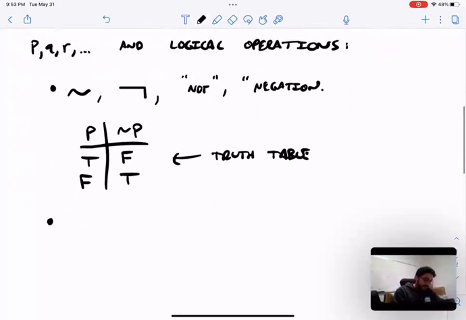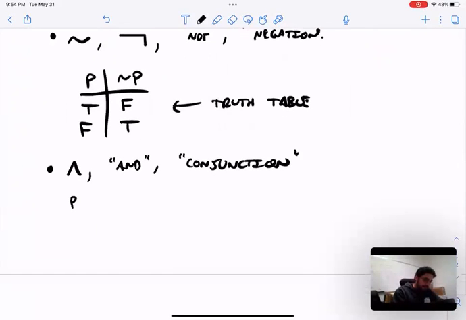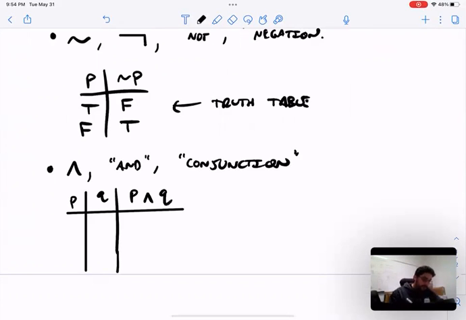There is an operation called and, or sometimes it's called conjunction. This means that if you have two statements, P and Q, and you want to assemble the compound statement P and Q, well, for the claim P and Q to be true, both P and Q have to be true.